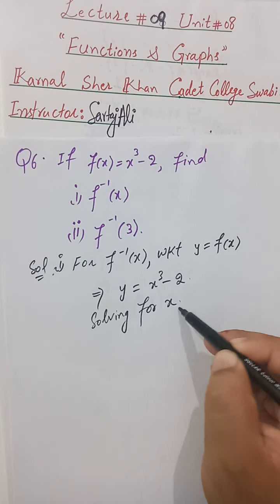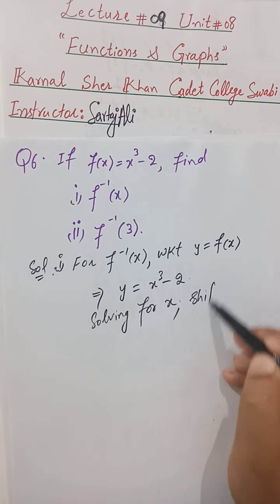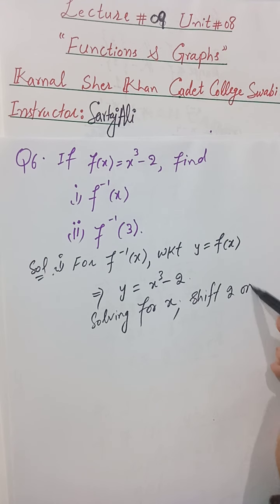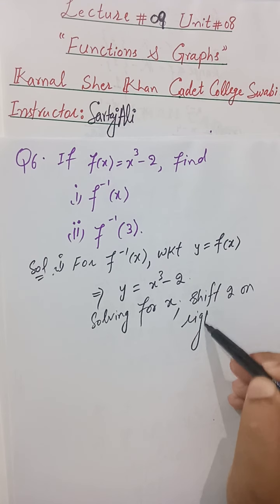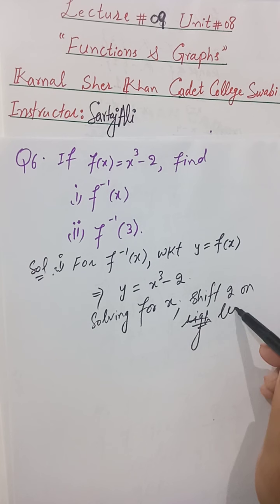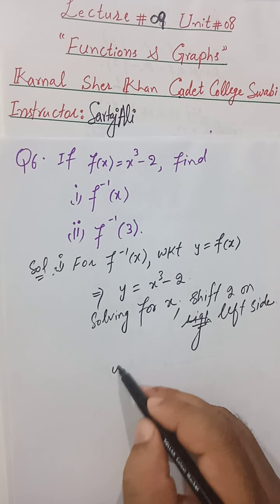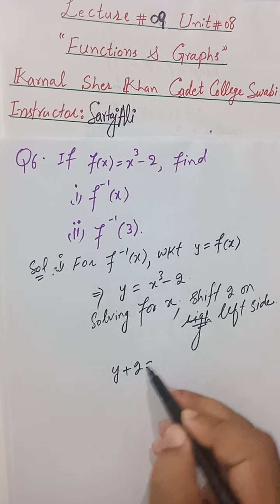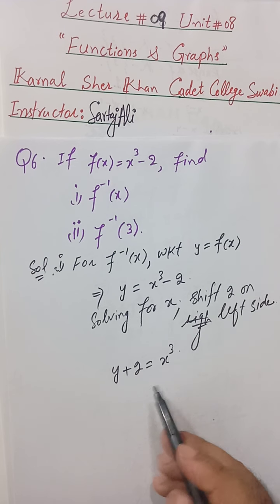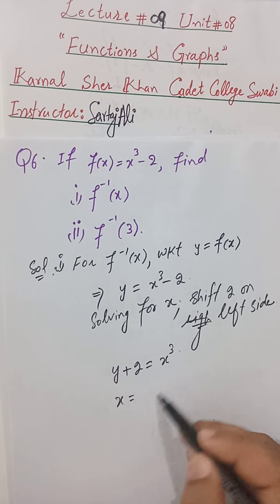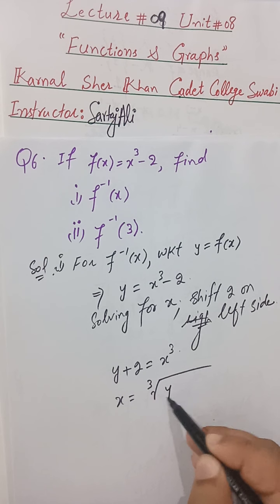Shift 2 to the left side, so this is y plus 2 is equal to x cube. Taking cube root on both sides, x will be equal to cube root of y plus 2.